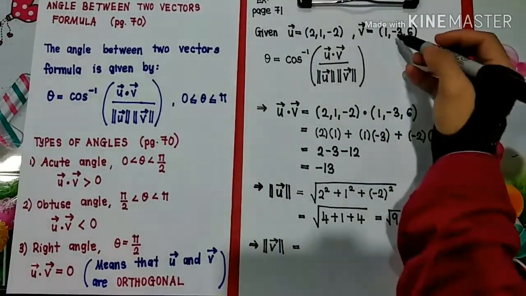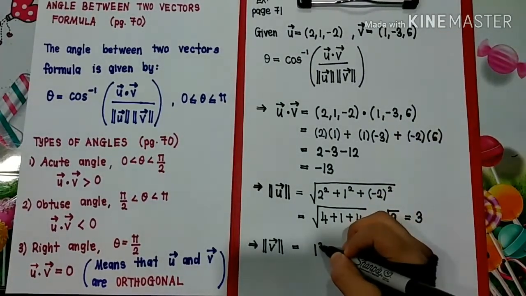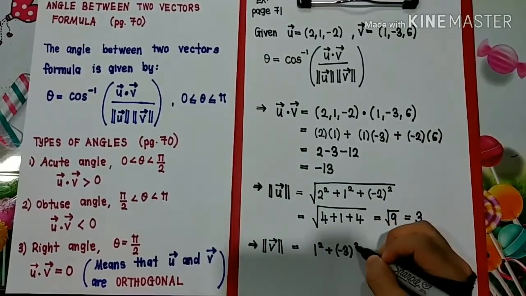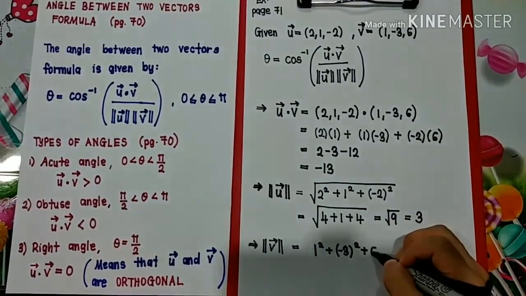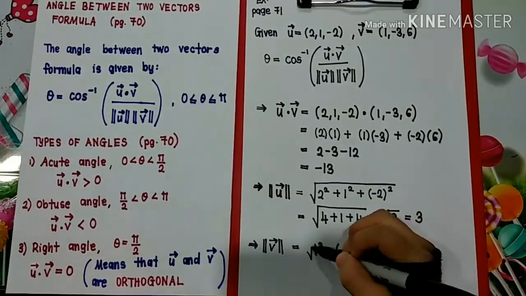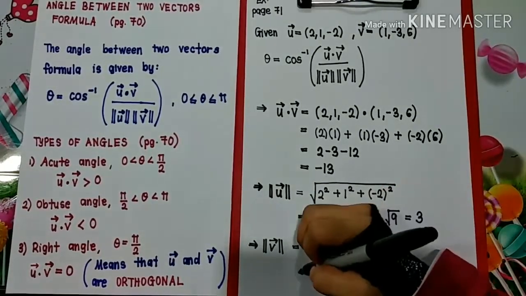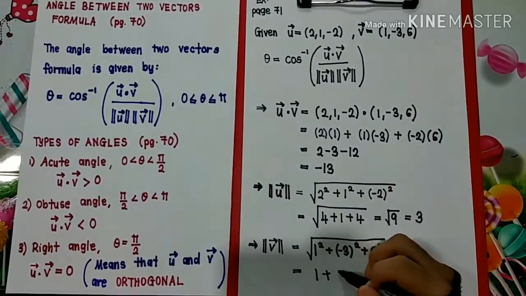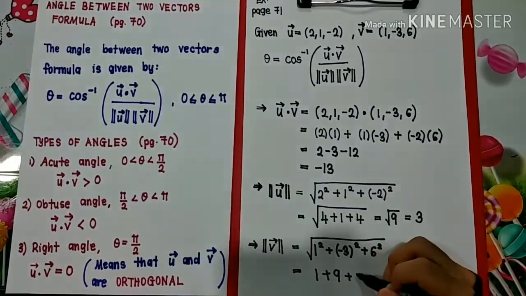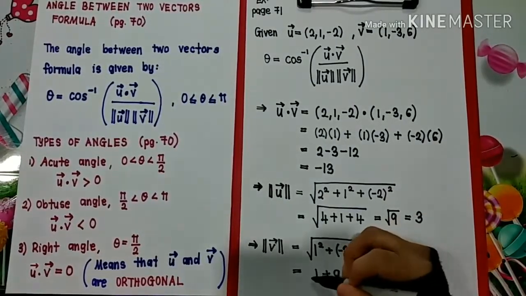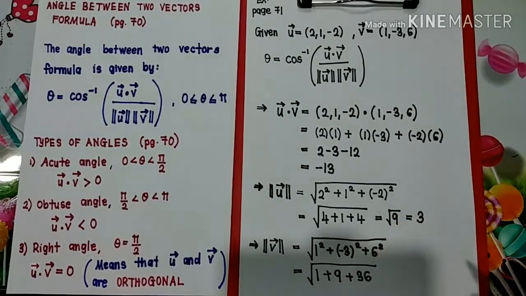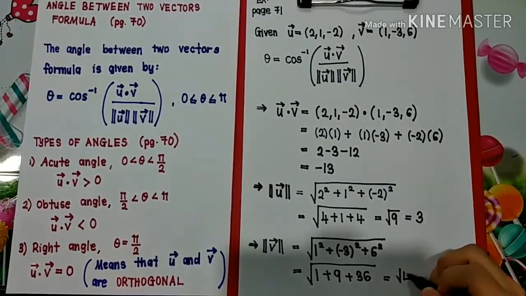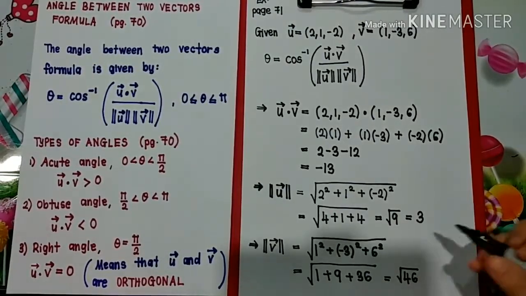For the vector v, it is the square root of 1 squared plus negative 3 squared plus 6 squared. So 1 plus 9 plus 36, and you will get the square root of 46.